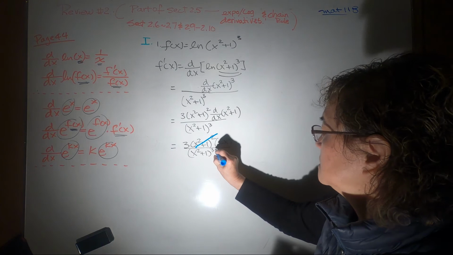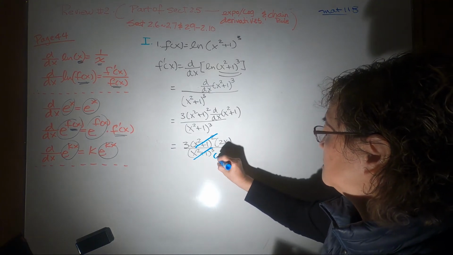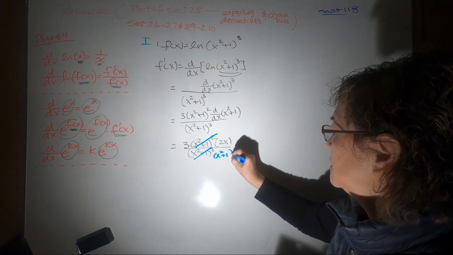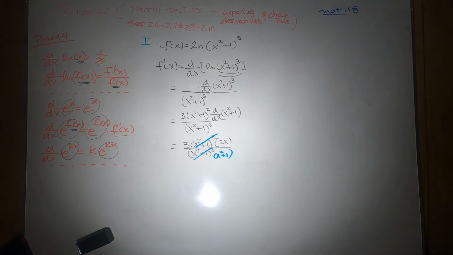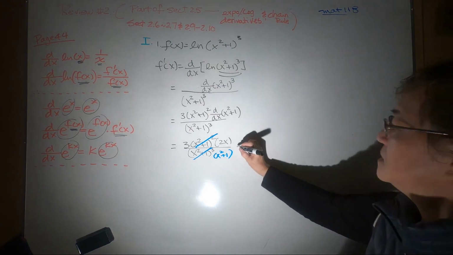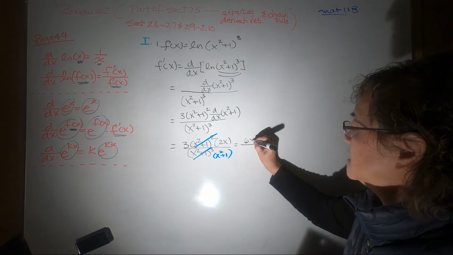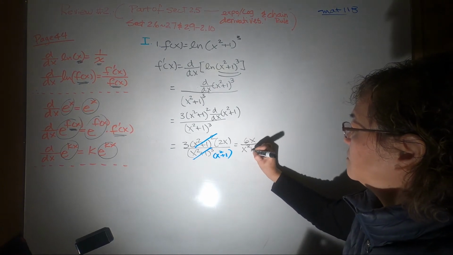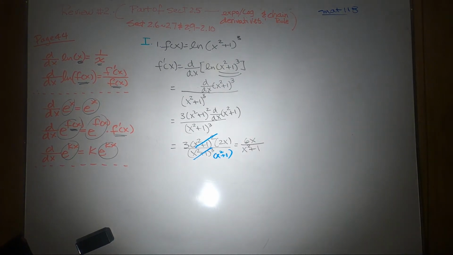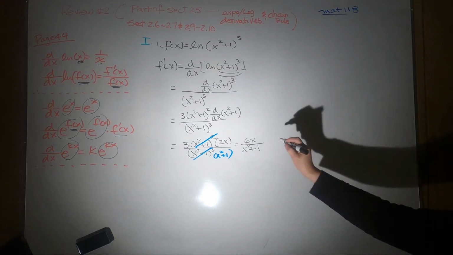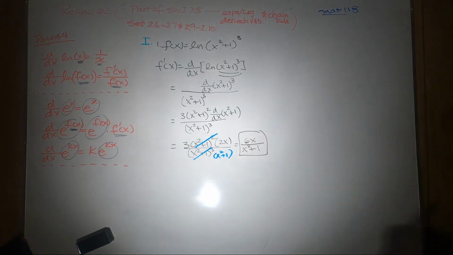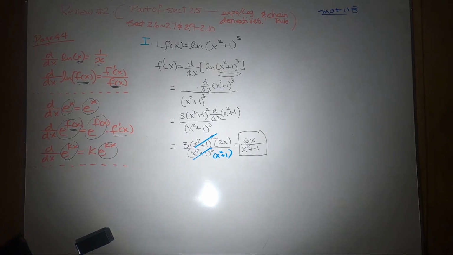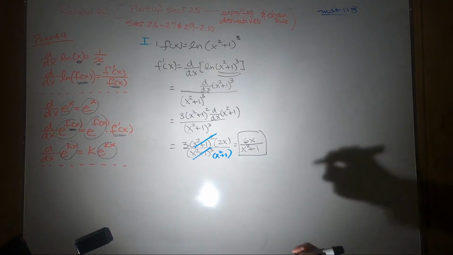Squared, then this one twice, then you only have 1 left, right? So what's the answer? That would be 6x times (x squared plus 1). Is that right? Manageable. So when you do your test, don't forget about your chain rule, right?